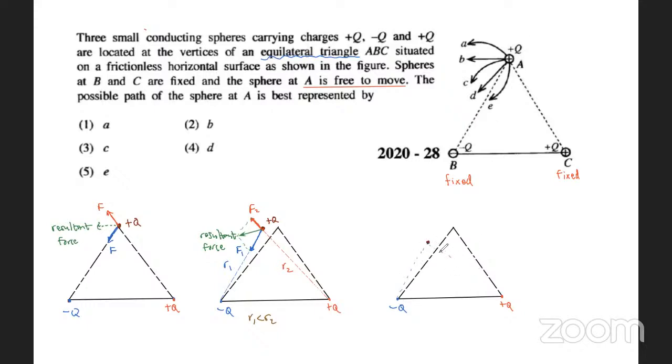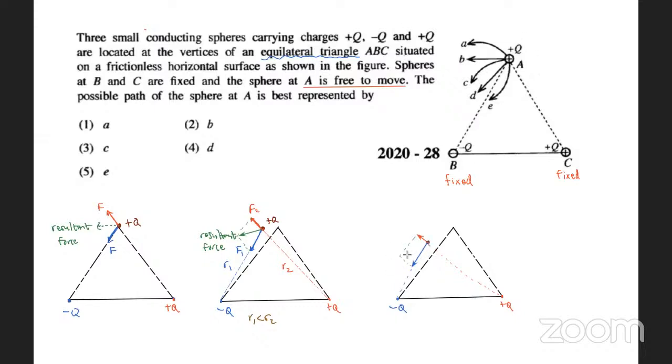Now it will be even more dominant, where the attractive force will be even larger, and the repulsive force will be even smaller, right? And now when you find the resultant, it will be even more downwards, correct?